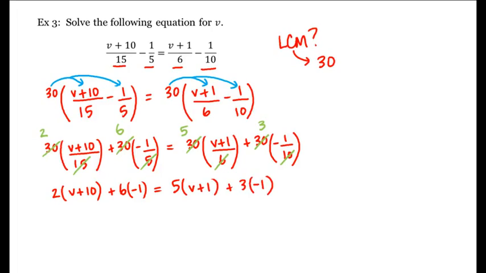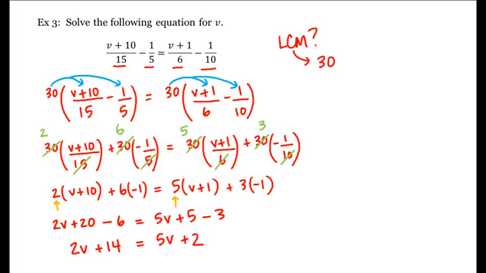And now let's distribute the 2 and the 5 through, which gives us 2 times v plus 20, and then minus 6 is equal to 5 times v plus 5, and then minus 3. And now combining like terms, we have 2v, and then 20 minus 6 is 14, is equal to 5v, and 5 minus 3 is 2.